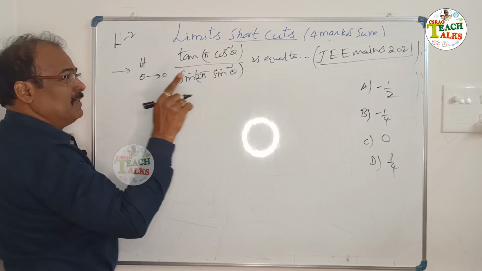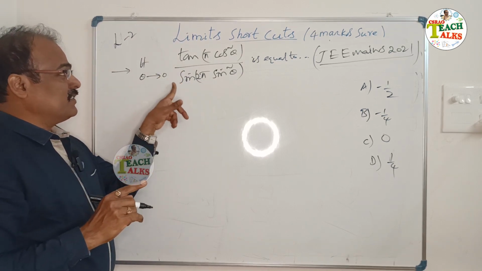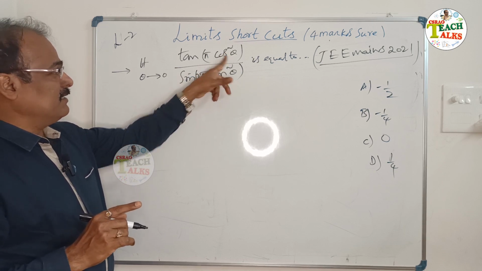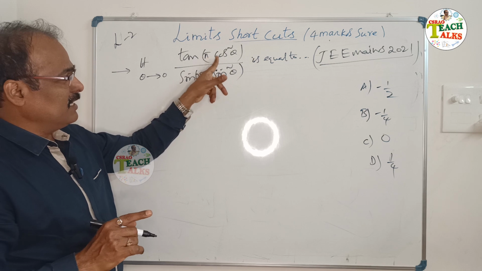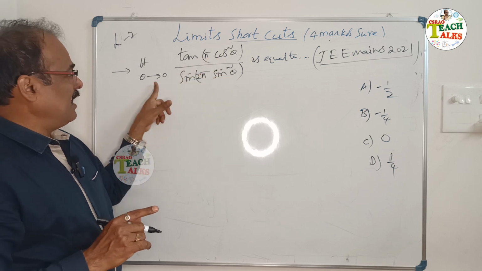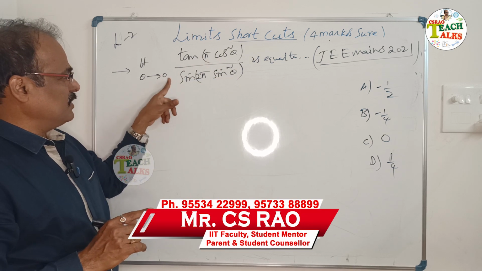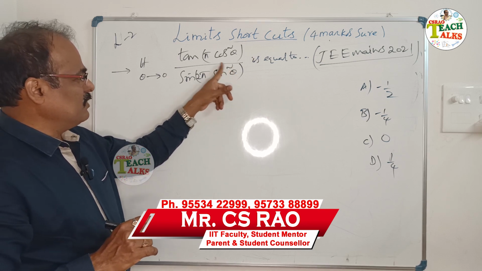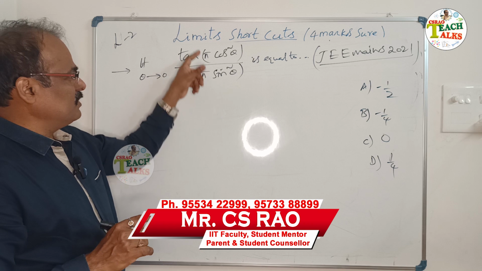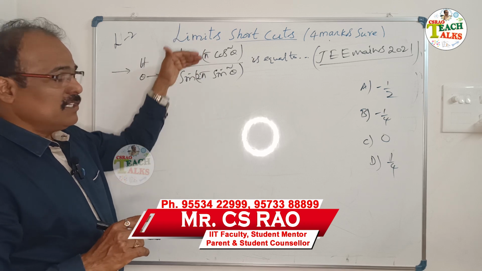Already I told you, limit theta tends to 0. If you substitute theta equal to 0, what will happen? Cos 0 is 1, no? It is pi. Tan pi is 0. And as theta approaches 0, sin theta also approaches 0. 0 into anything is 0. Sin 0 is 0. It is 0 by 0 form.